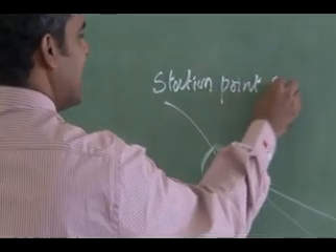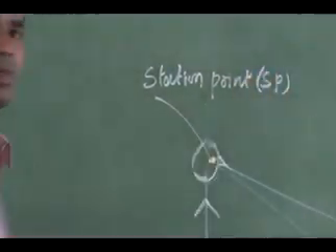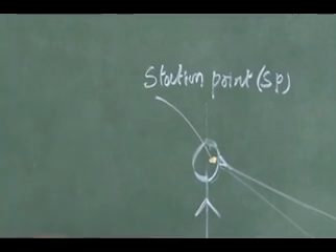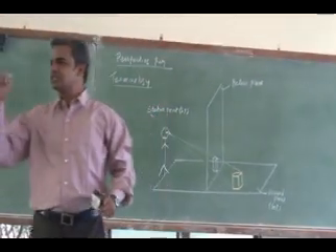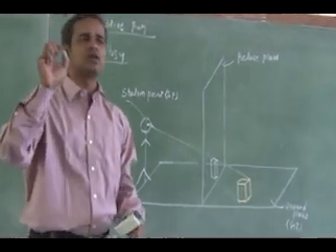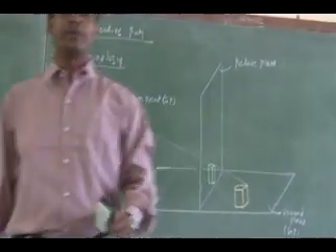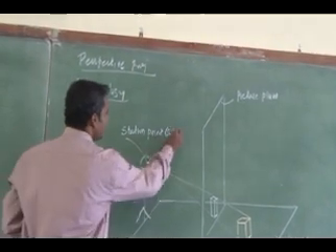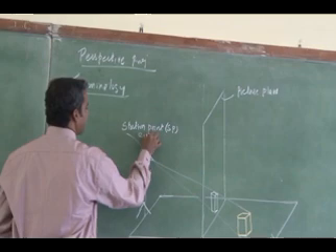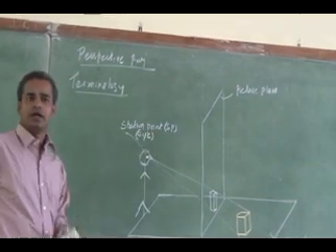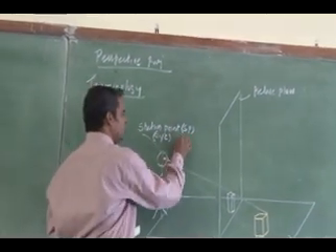Normally it is denoted as SP or E. So what is the station point? It is the eye of the observer, or the lens of the camera, right? So you can say it is the eye. Otherwise it can be denoted as E also.